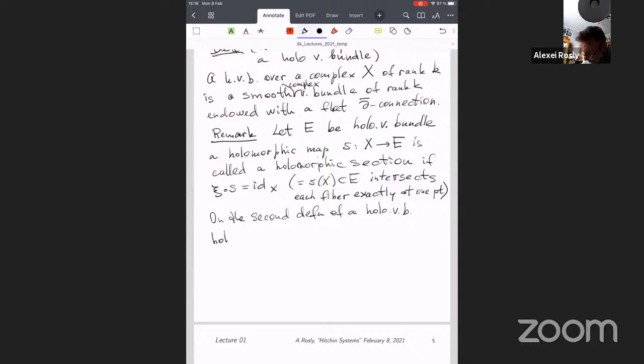So holomorphic sections are smooth sections which are annihilated by the operator nabla bar, those which belong to the kernel of nabla bar.